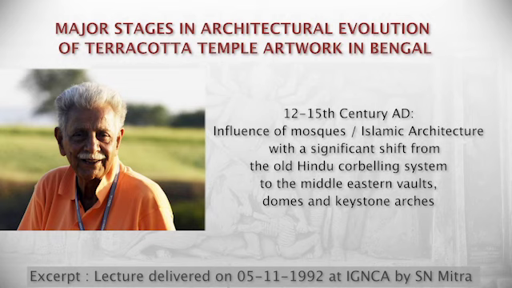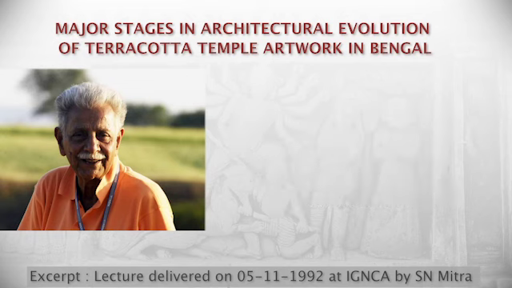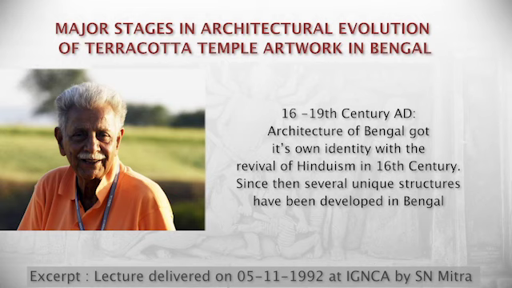Even contemporary Islamic techniques and motifs were incorporated. These temples were ornamented with terracotta plaques that completely covered one or more facades, sometimes even extending inside the temple onto the columns and walls.